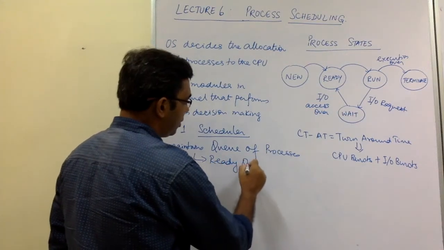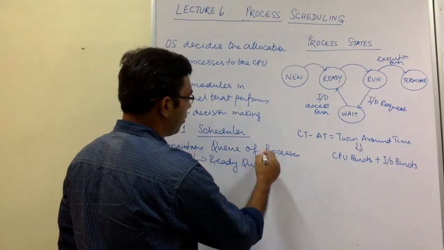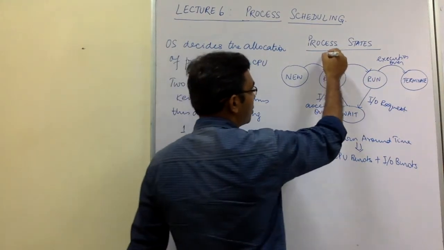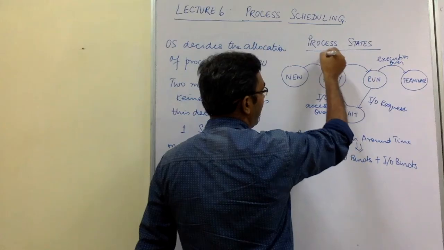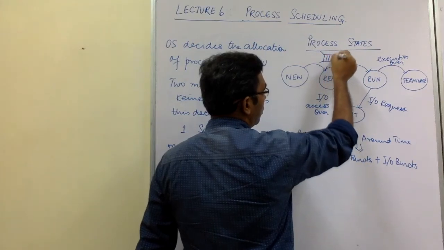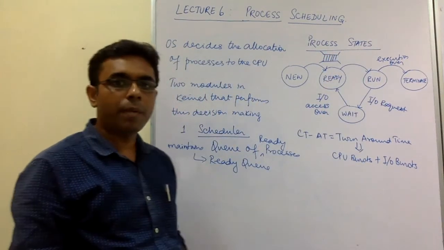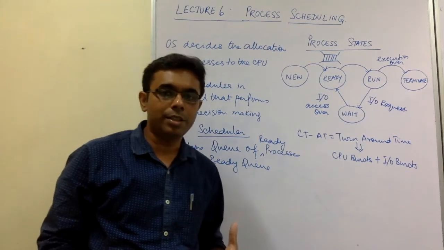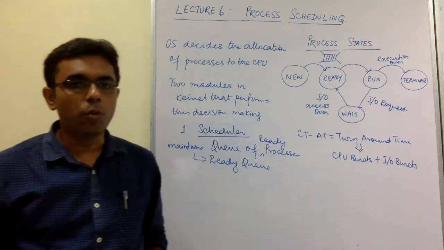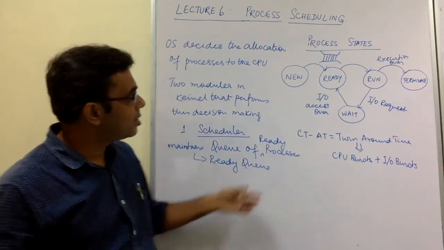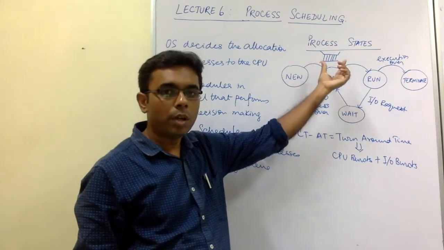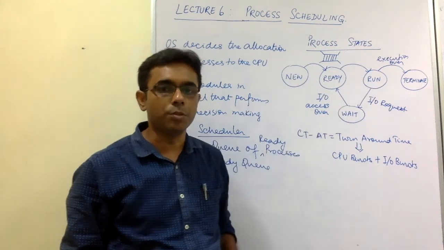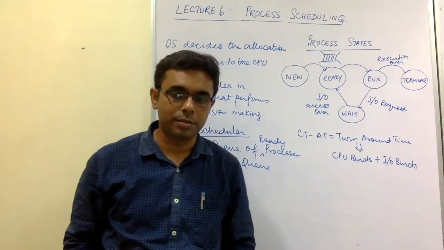So it maintains a queue of ready processes, all those processes which are currently ready. Whenever a scheduler has to decide which one of the processes would be allowed, it looks up this ready queue, picks one of them, and allocates it to the CPU. That's what the scheduler does.